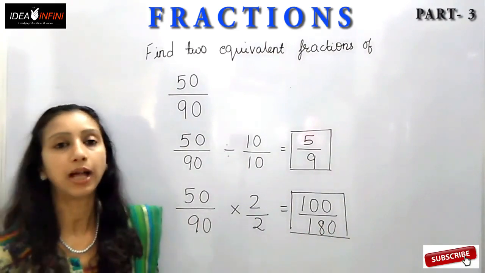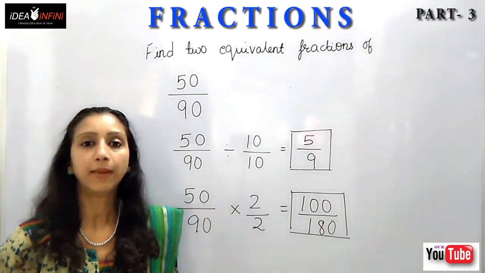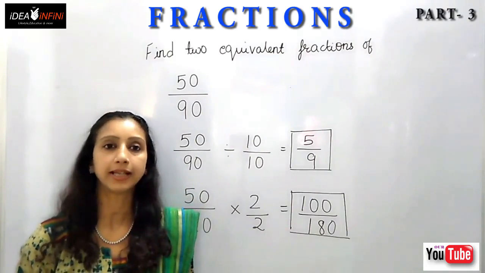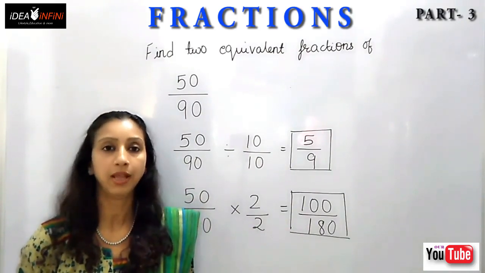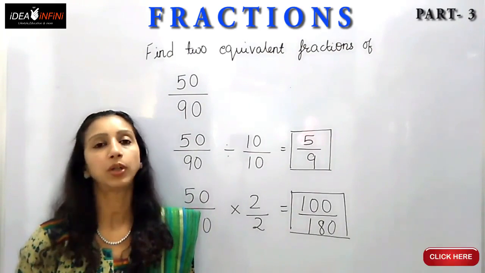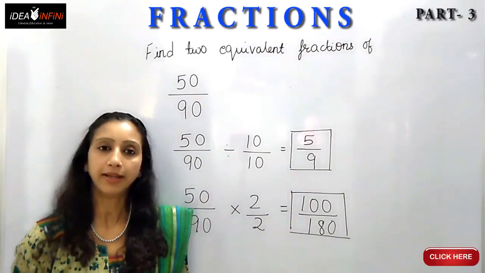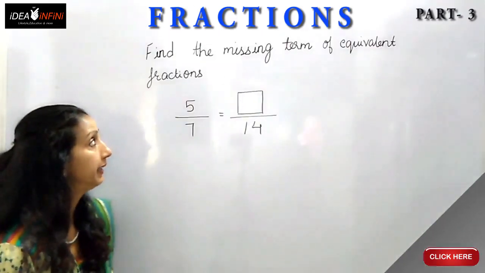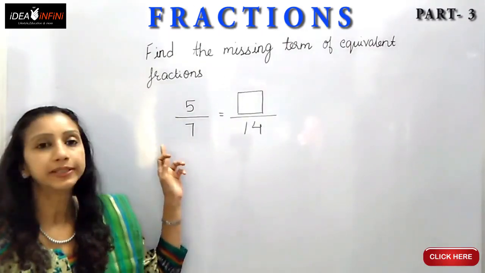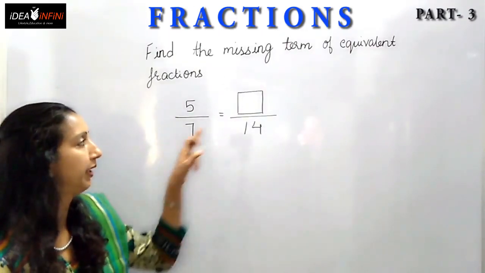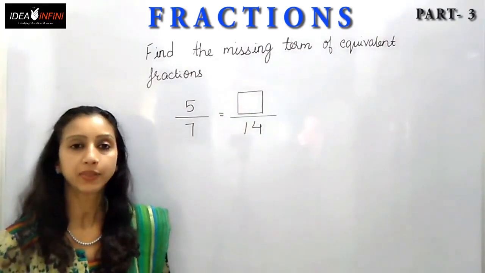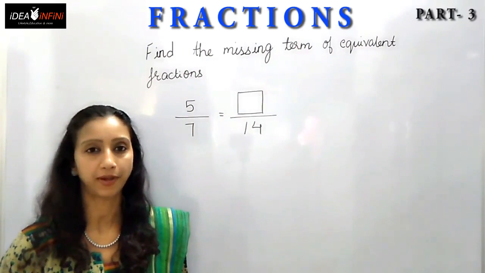Similarly, we can do other problems where one number is missing. It is given that the fraction is equivalent to another fraction, but suppose the numerator or the denominator is missing. Find the missing term. Let's see those kinds of examples. In this example, it is given that 5 by 7 and x by 14 are equivalent fractions.